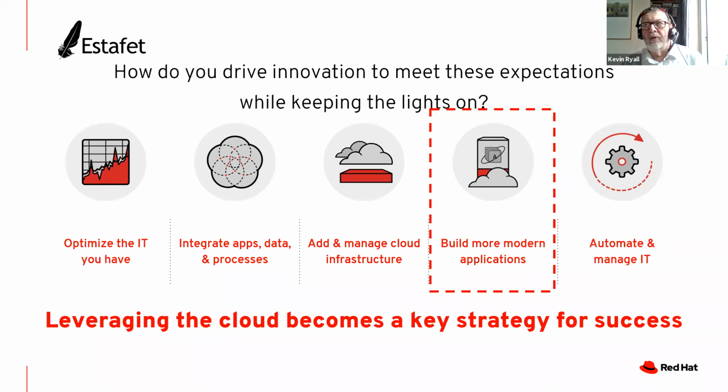And of course, we're moving on also to automation and management of IT. But really leveraging what the cloud offers you is very important. We're talking to some extent about lift and shift, but we're also talking about moving on to things that are cloud native.